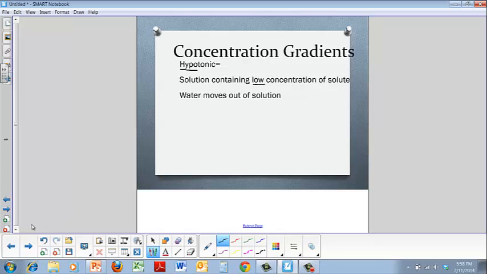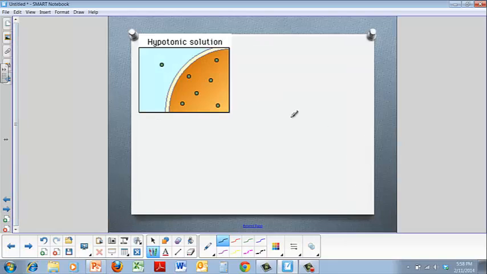So let's look at an example again. Let's go back and look at our cell. Now here again, we have the inside of our cell, and we can see our solutes all inside. And outside, we don't have that many solutes. We have one. So this is outside of the cell. And when we place a cell in a hypotonic solution, what we're saying is that the solution we've placed the cell in has a lower concentration of solutes.